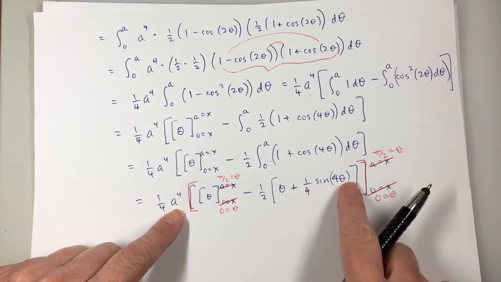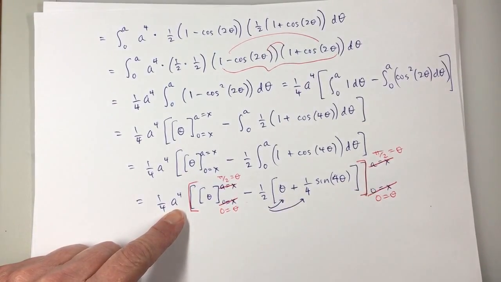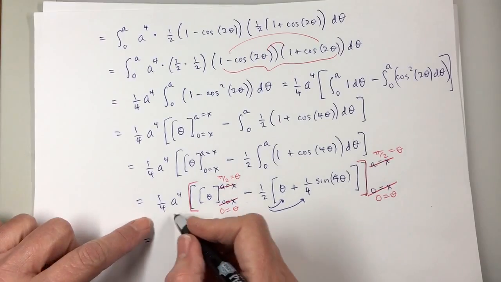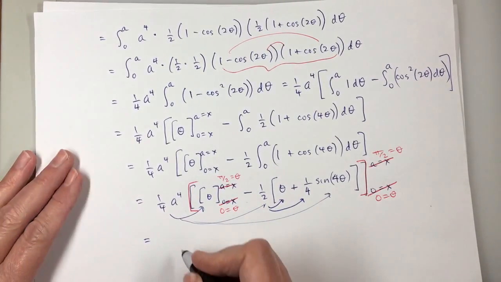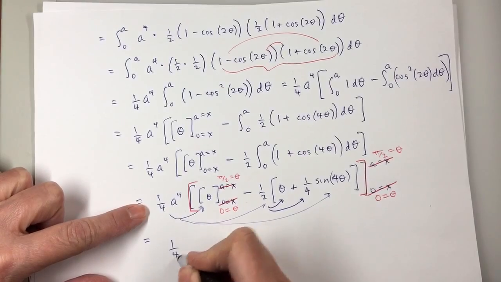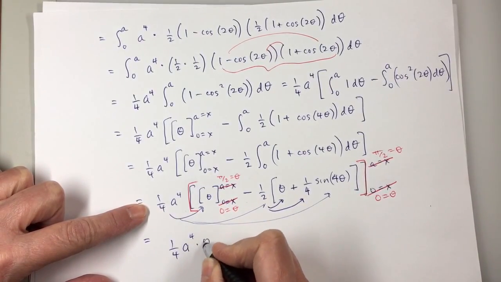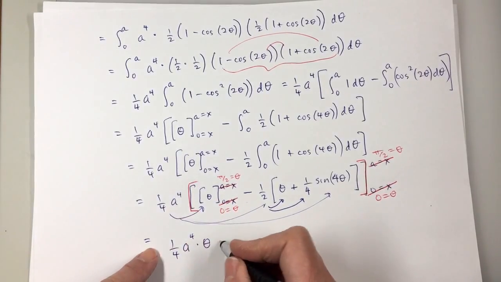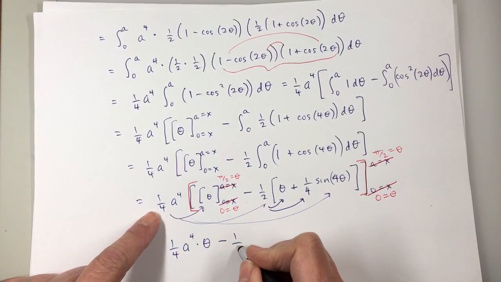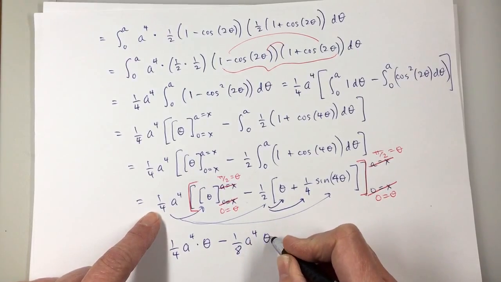It does go with, in fact, see, this will go with both. This will go with all three. So I'm going to have 1/4 a to the 4th times theta. That takes care of this one. Minus 1/8 a to the 4th times theta.